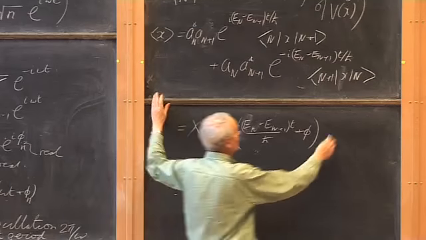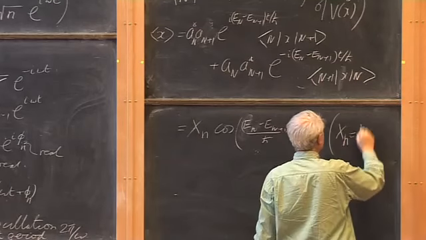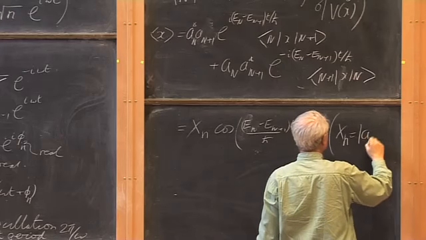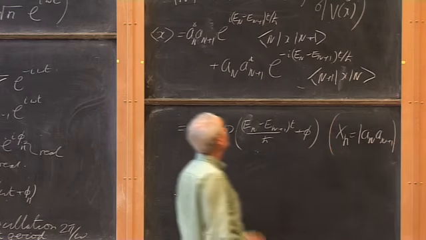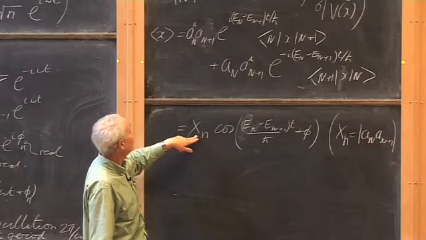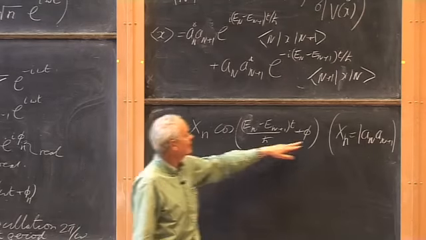Where, just to be concrete, X_n is the modulus of a_{n+1}. So a_{n+1} is a complex number. I have its modulus sticking out here, and I stuff its phase into there.